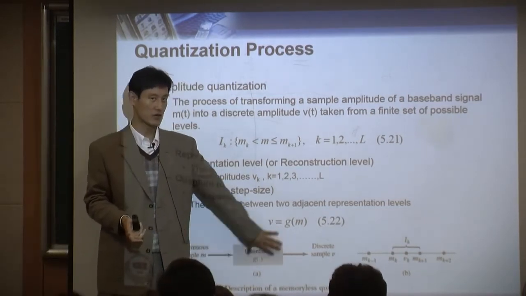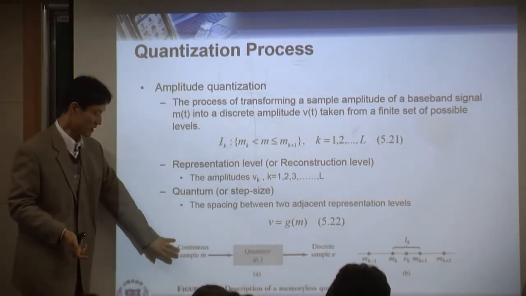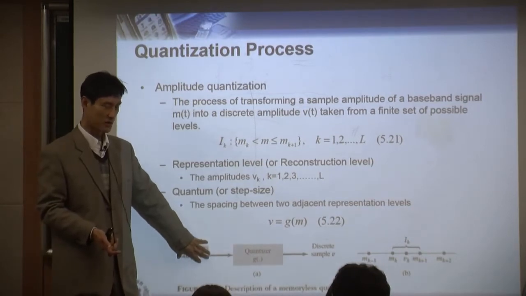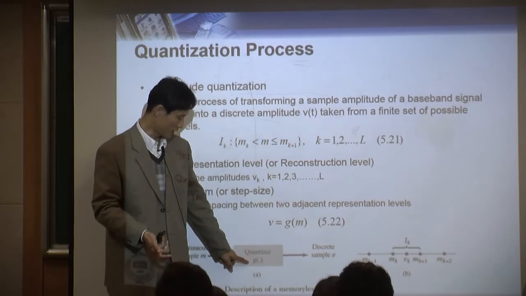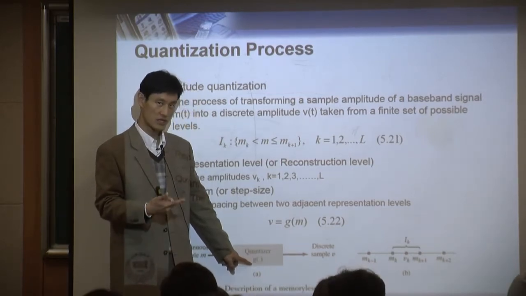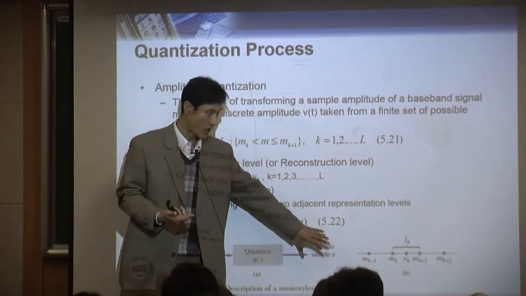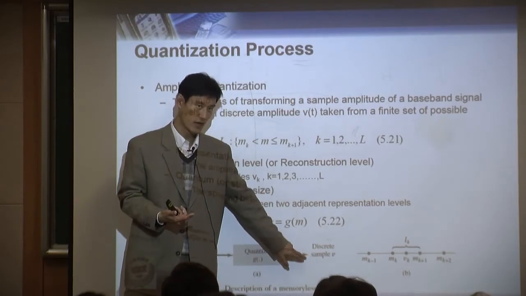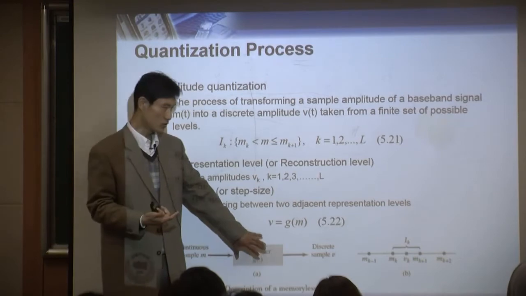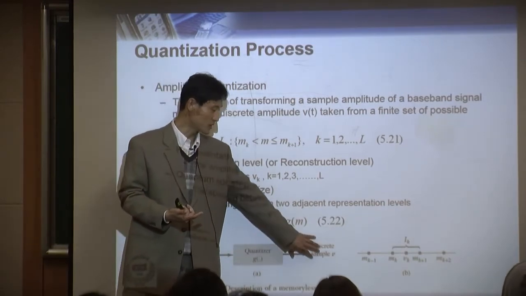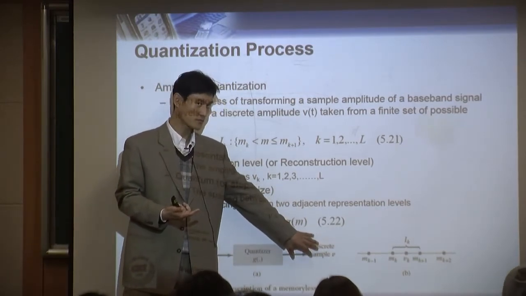This is a block diagram for quantization. You have an input signal. Input is analog. We have a quantizer block, and we have a G. G is a function for quantization. And the output is going to be a discrete value. So input is a continuous value into the quantizer. Output of the quantizer is going to be a discrete value.